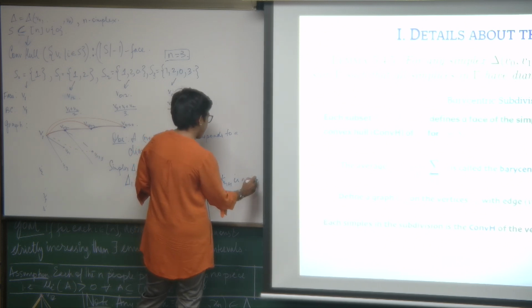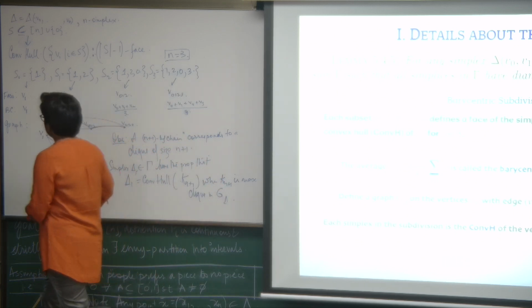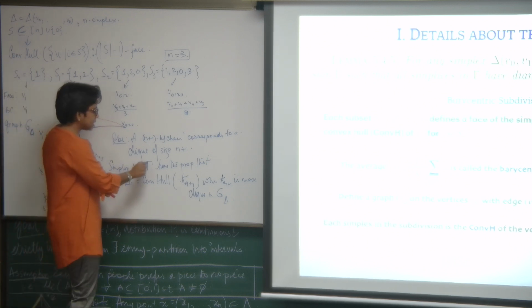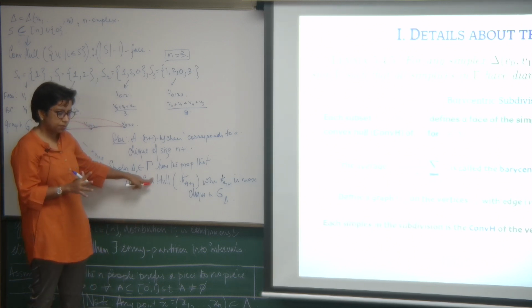Okay. So the notation is G defined with respect to this simplex and so on. Is this clear? As I said, there can be many different subdivisions. Our subdivision is defined like this.